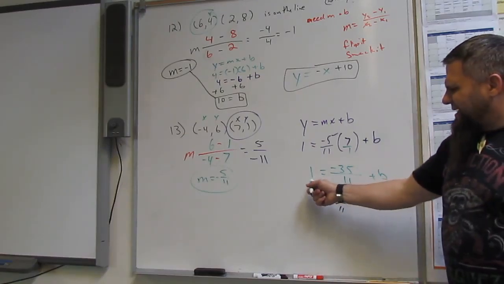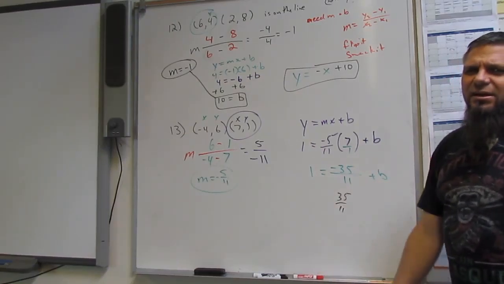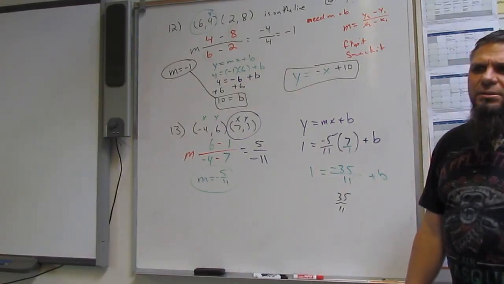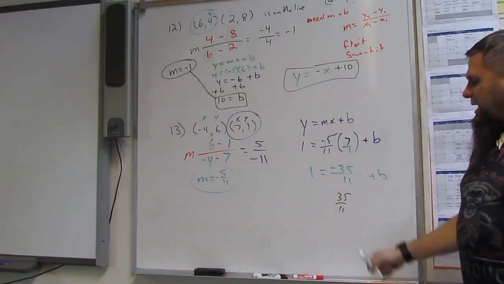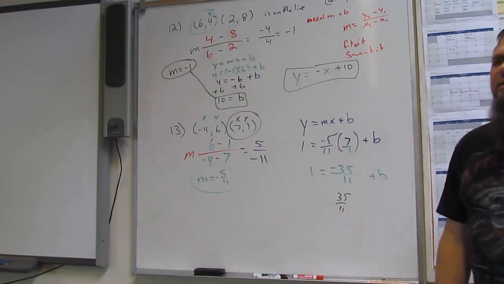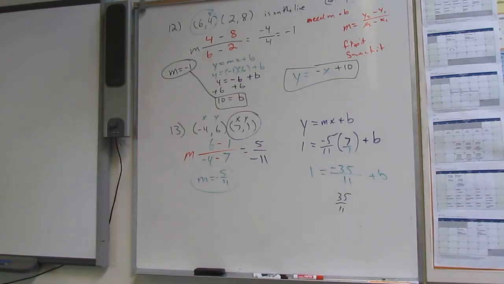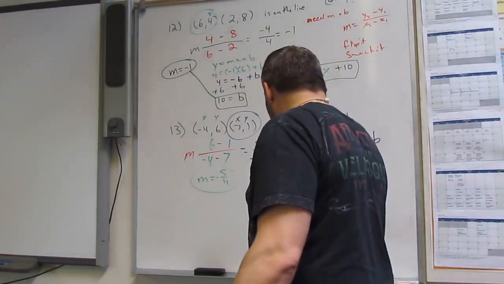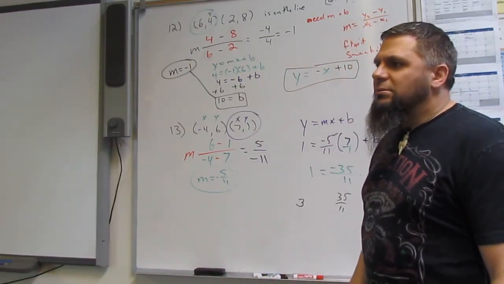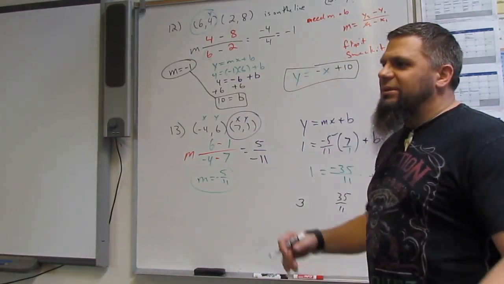But when I add that to 1, it's kind of hard to do. I've got to change one of them, and I like to just change the fraction. How many times does 11 go into 35? 3. How many left over? So 3 times 11 is 33.